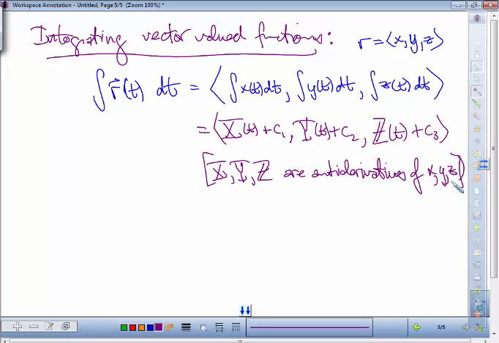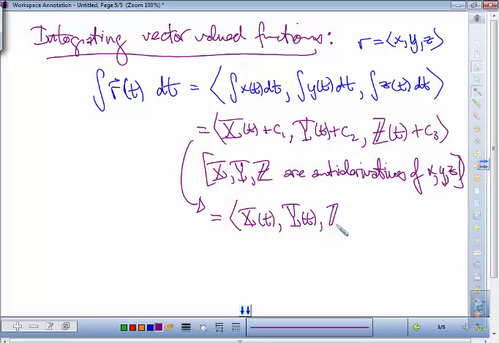A little side note. So this is my result, and sometimes we might express our results with the antiderivative. We did it piecewise, so it makes sense to put a plus c in each of those.